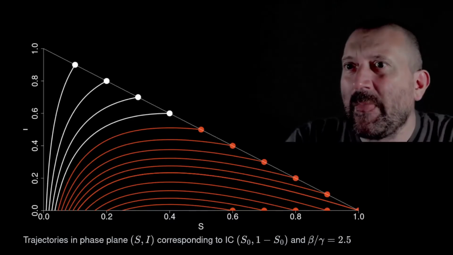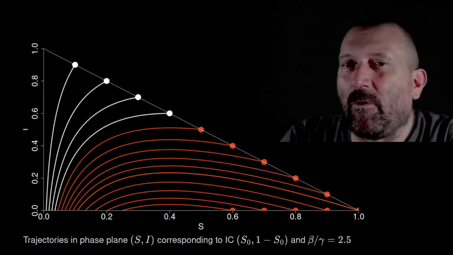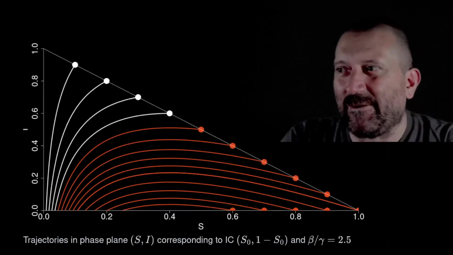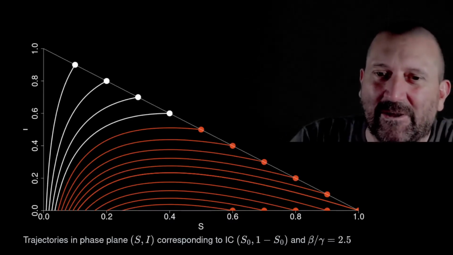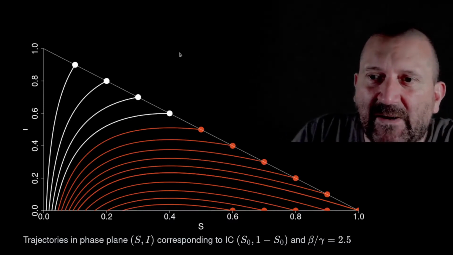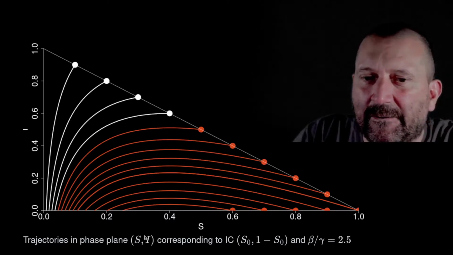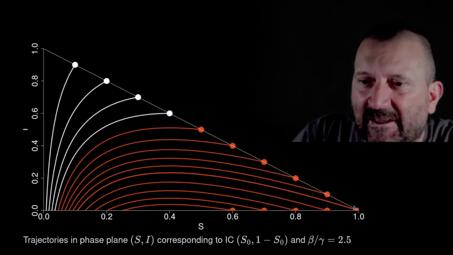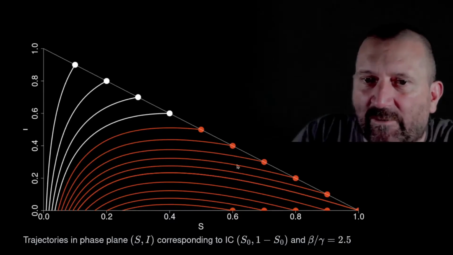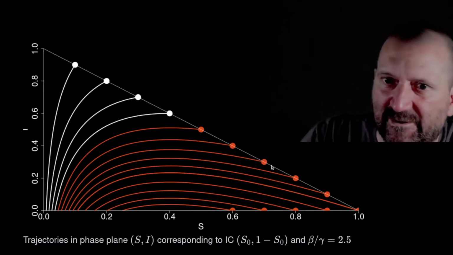In general, I don't always recommend doing this, but here this is a very simple model, so it's okay. What we find are these trajectories in the plane SI, starting from those dots, which are the initial conditions.